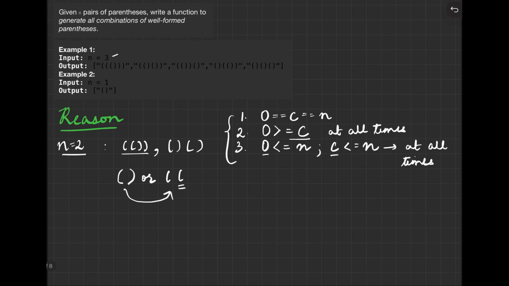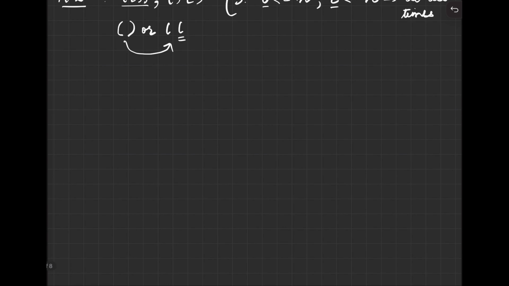Let's start building on that and further create a decision tree. So let's talk about a decision tree where we start with the following parameters: an empty string, number of open braces O, which is 0, and number of closed braces C, which is also 0.